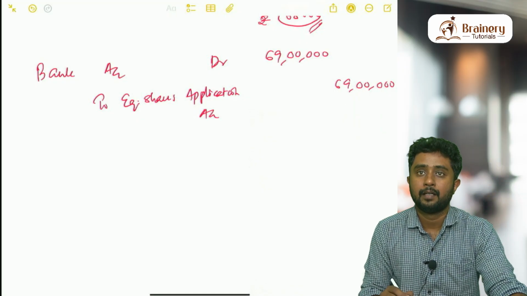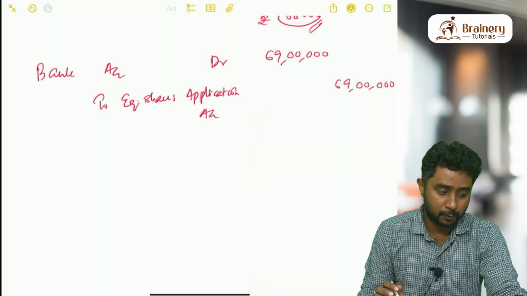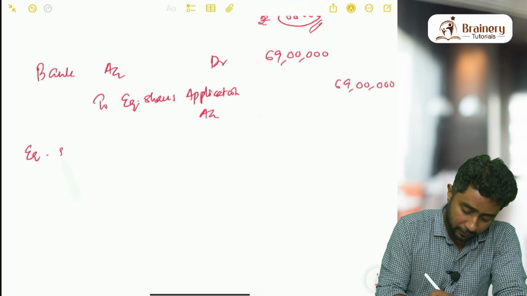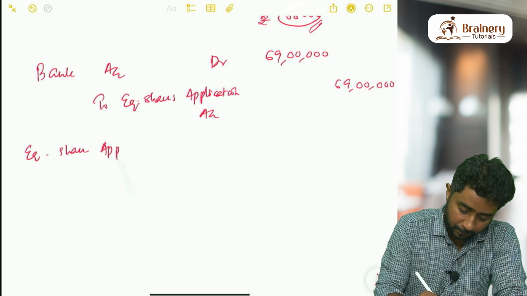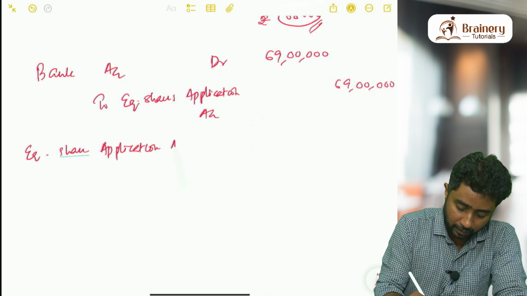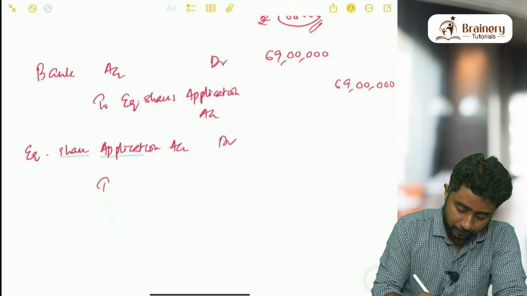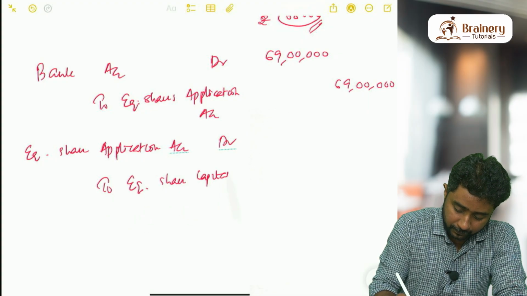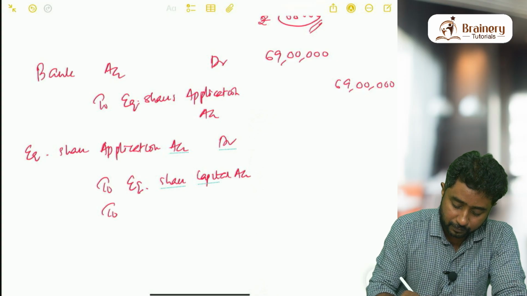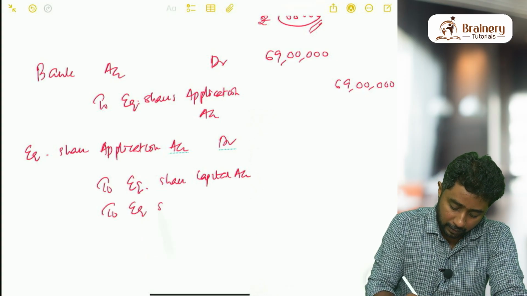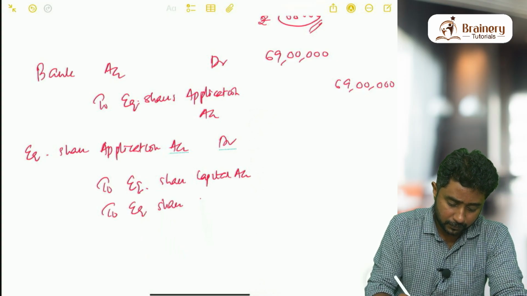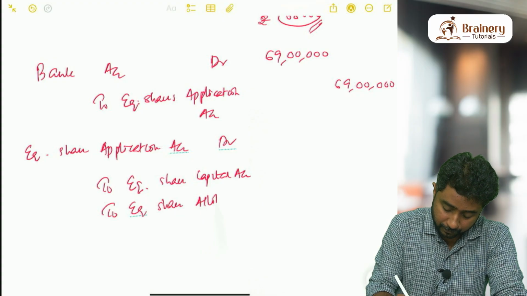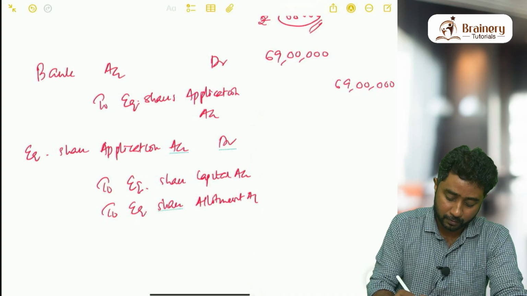Second entry, we are not writing the narration. You are all experts in writing narrations, so we are not going to do that. Next, equity share application account debit to equity share capital account, to equity share allotment account.